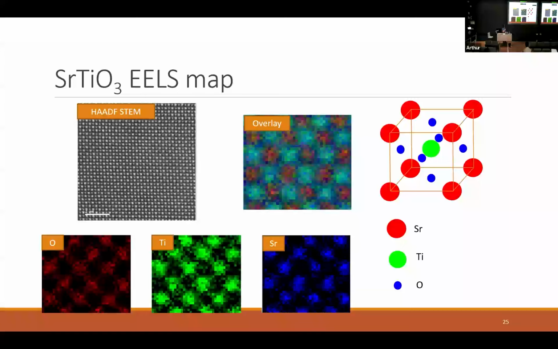In this diagram, strontium is red, and down here it's blue, but we'll just gloss over that for right now. The main point here is that we can very clearly see that where we've got titanium, we don't have anything for the strontium, and when we've got the strontium, we don't have anything for the titanium. So we can see this alternating layer, and then we can overlay it in the top up here. For the oxygen, we can see the fourfold symmetry of the oxygen coordination around this too.